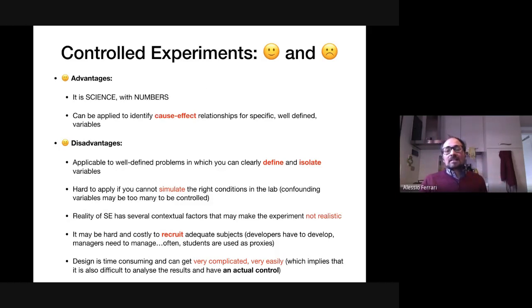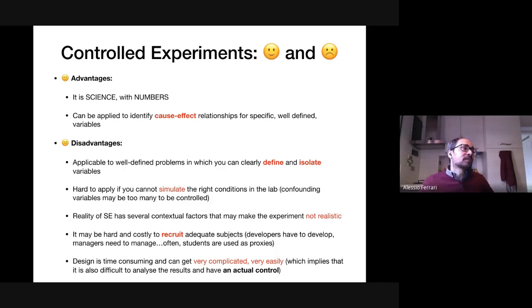And very often in controlled experiment in software engineering, students are used, either PhD students or master students. They are proxies of real world developers, but of course, in practice, they can rarely mimic the degree of expertise.